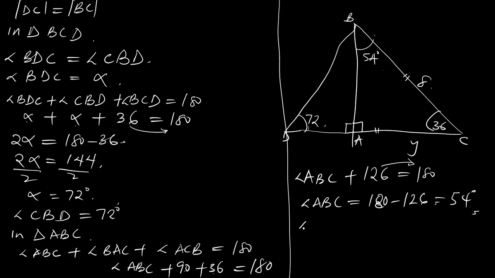Since here is 54 degrees and angle CBD is equal to 72, and is also equal to angle DBA plus angle ABC. Now, angle DBA is not known.